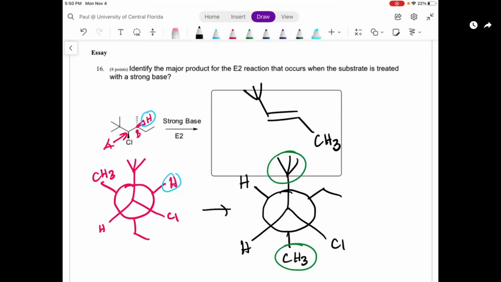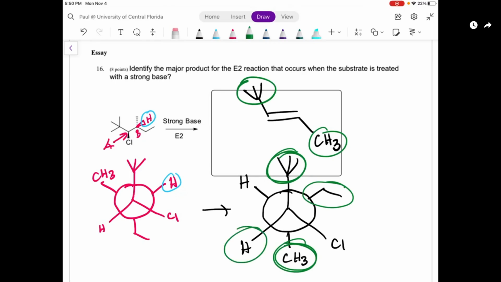And so if I've accounted for those two pieces right there, where would the ethyl and the hydrogen be? Those would have to be on this opposite sides as well. And you can see the ethyl right there and the hydrogen right there. And then this hydrogen and this chlorine right there are completely gone because they've been eliminated to form that double bond.